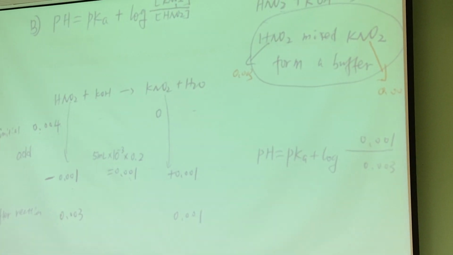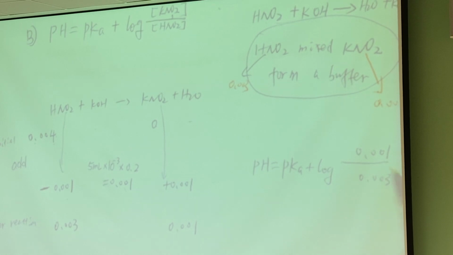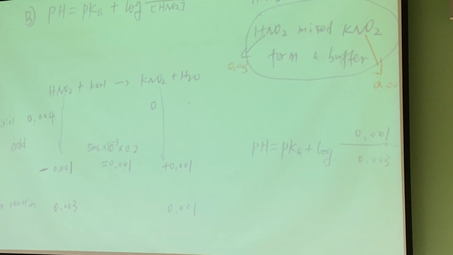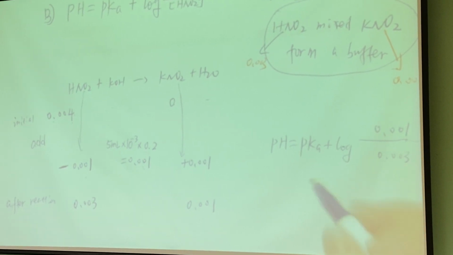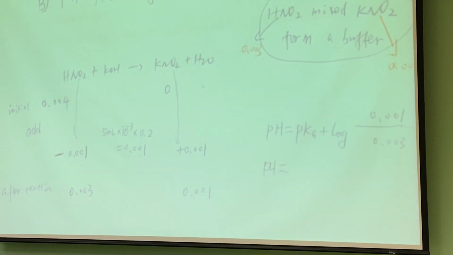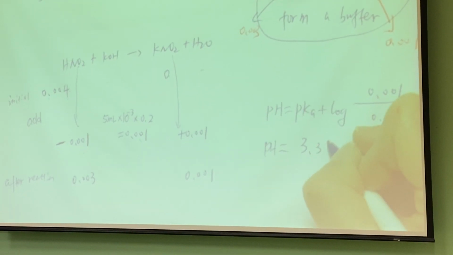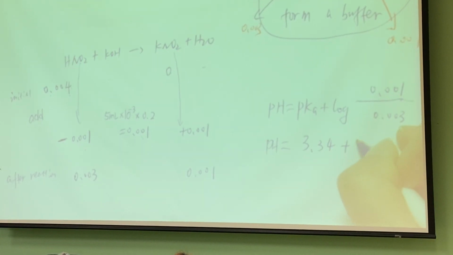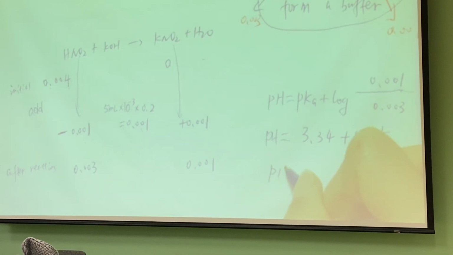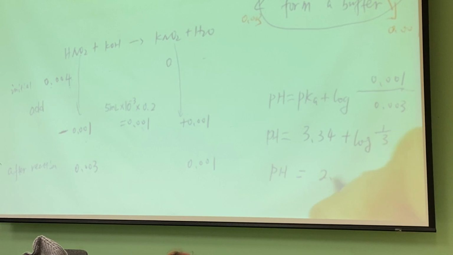Because they are in the same container, the volume is the same, so I can just use the moles. Okay? So then you solve your pH. pKa is given in the question, 3.34 plus log 1/3, right? So eventually I got a pH of 2.86.